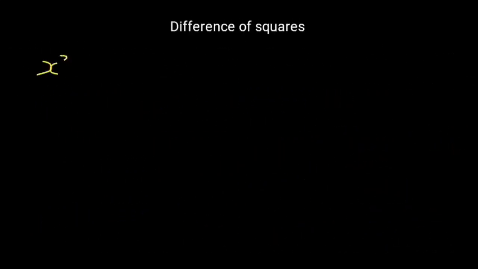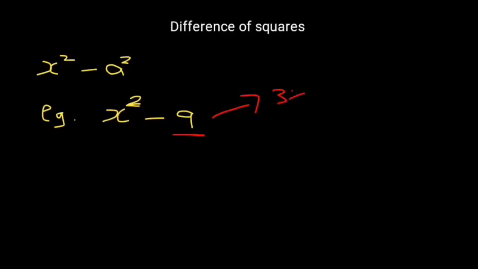We will now briefly look at difference of squares. If we have x squared minus a to the power of 2, a being a number, then that is difference of square. So for example, if we have x squared minus 9, then this is a difference of square because 9 is a squared number, meaning a number multiplied by itself is equal to 9.